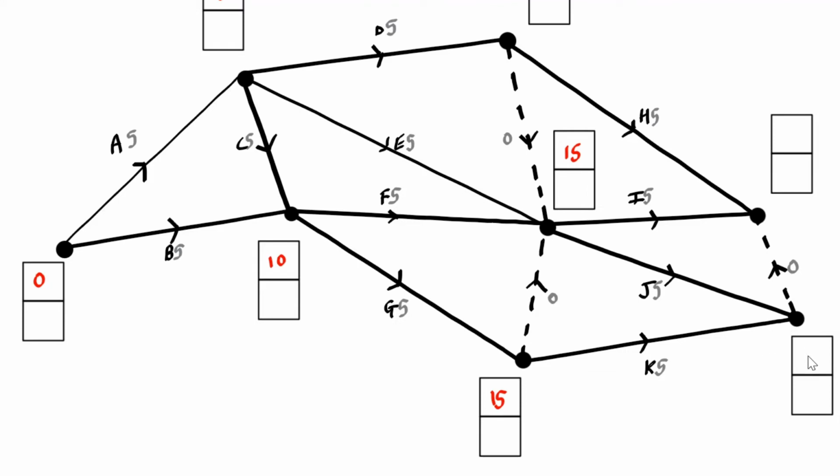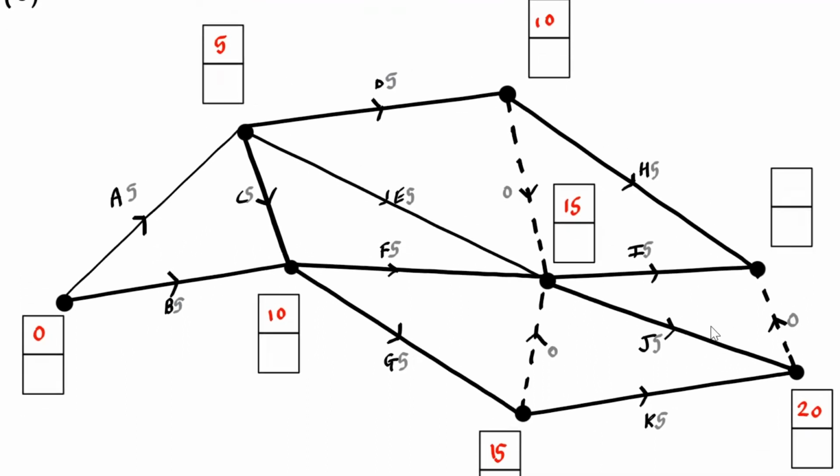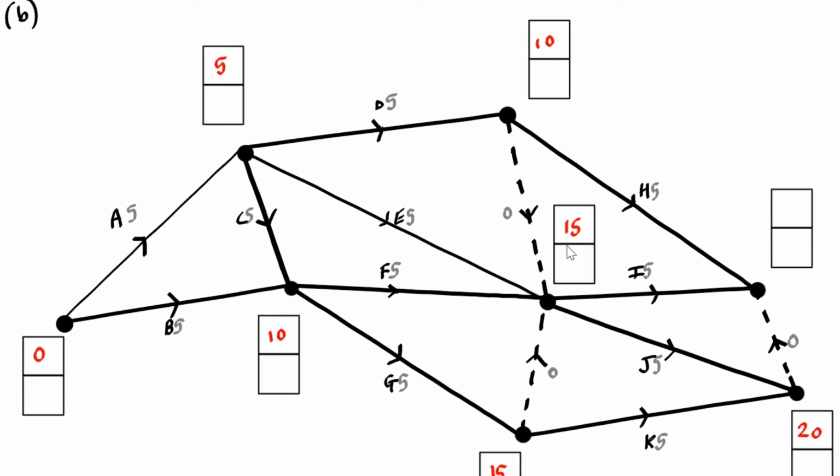So 20 goes inside here. Okay, now let's see what else we have to do. We've got one box remaining. 15 plus 5, that's 20. 10 plus 5, that's 15. So we compare the 15 and the 20. The 20 is the bigger one. We take forward the 20. Okay?